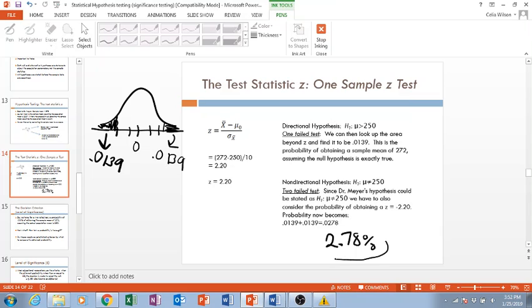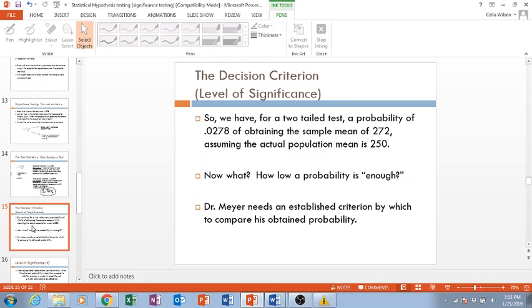So it's not very likely that he would have gotten the sample mean he got if the hypothesis is true. Therefore, we can conclude the hypothesis is probably not true. But we're still faced with that idea of how small is small enough. All right, so that kind of brings us back to that criteria I was talking about earlier.